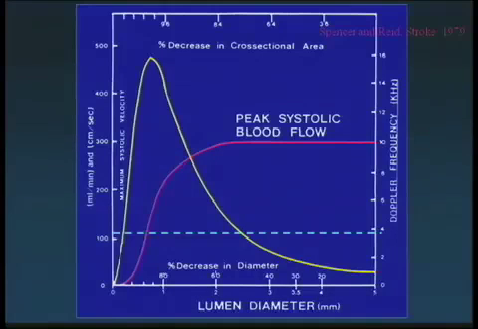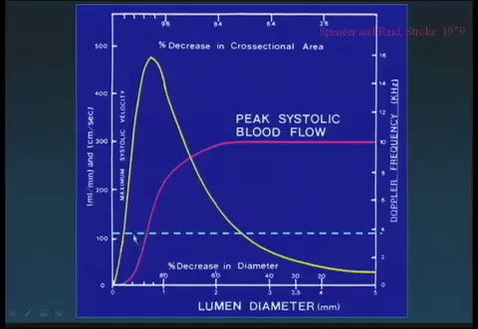And if you go back to that experiment that I showed you previously, and you put a line at, say, 110 centimeters per second across that curve of peak systolic velocity, you see that it bisects that curve in 2 places. At about 50% stenosis, in other words, a non-hemodynamically significant stenosis, you could see that with 100 centimeters per second peak systolic velocity.